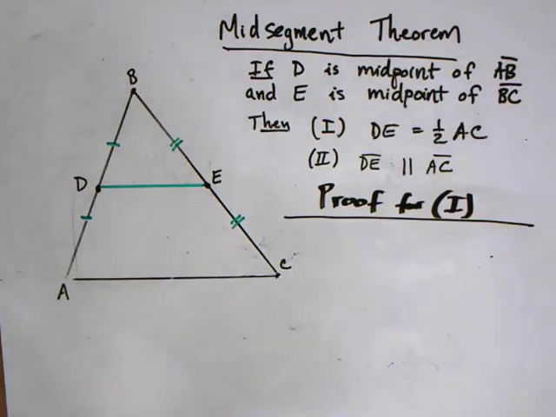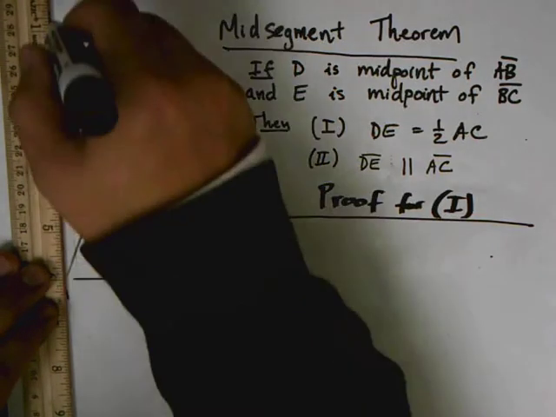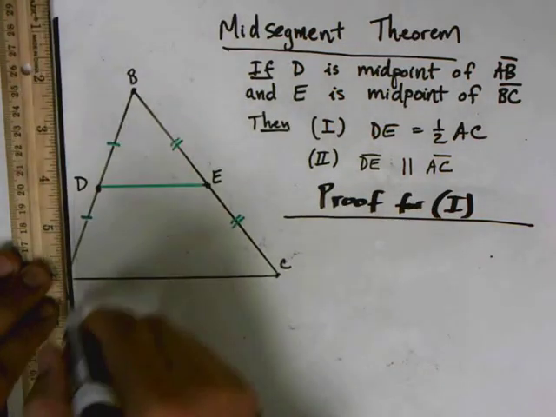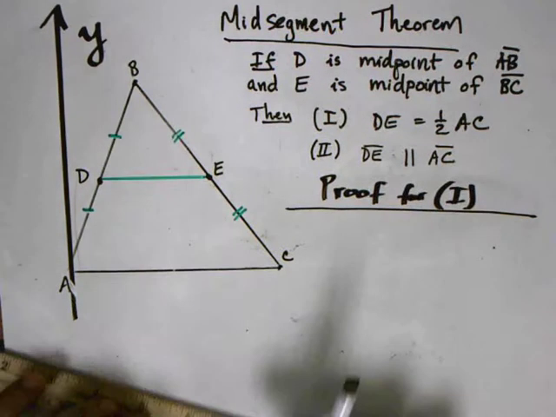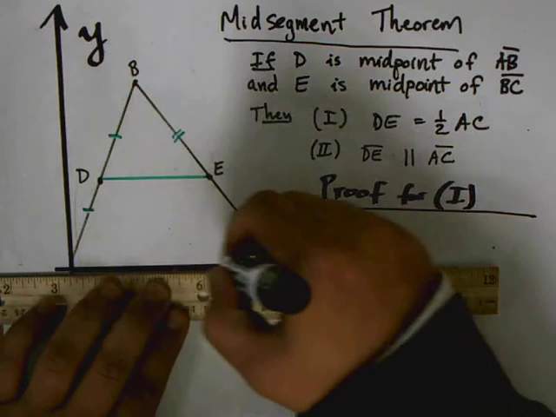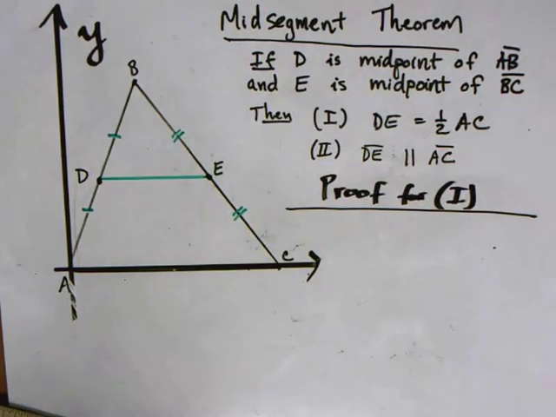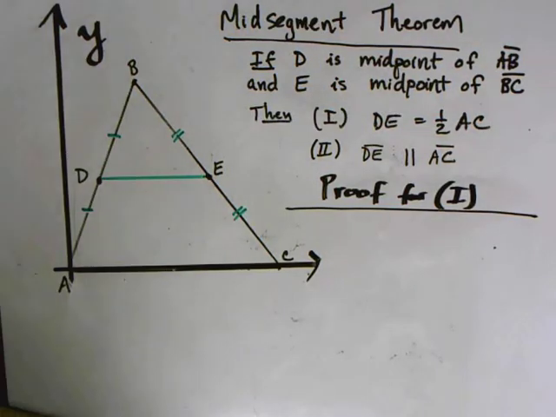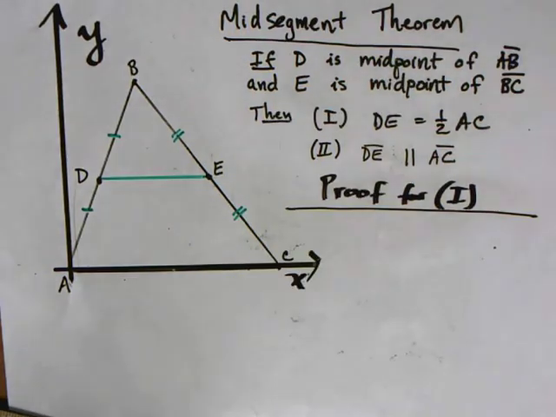So I'm going to try to draw it cleverly so that it's going to be helpful to me to complete this proof. So I'm going to start by drawing my y-axis there, and then I'm going to draw the x-axis here. So I draw the axes here in a way that's going to be helpful to me. Got the y-axis up there and the x-axis right here.